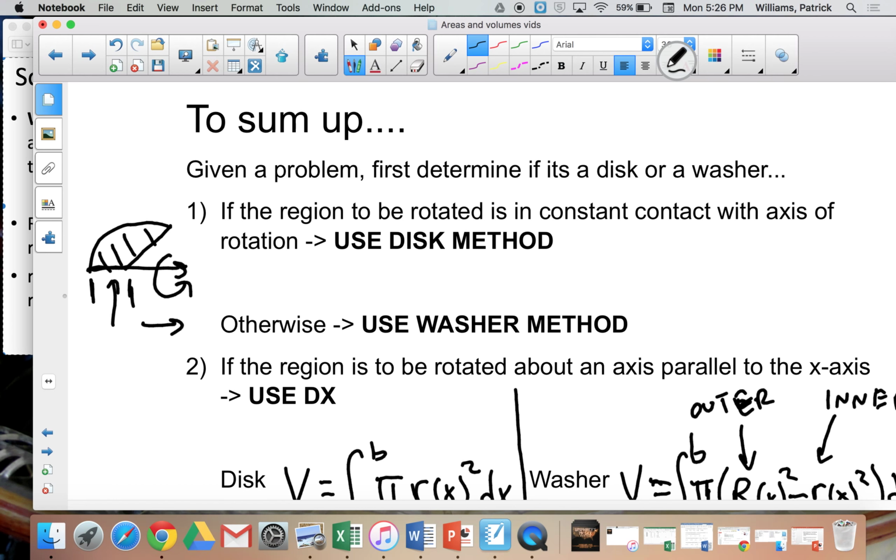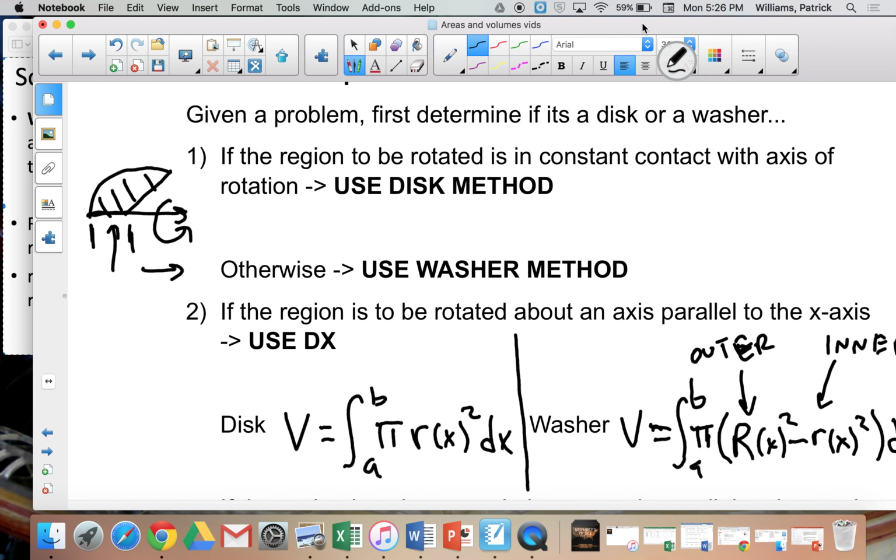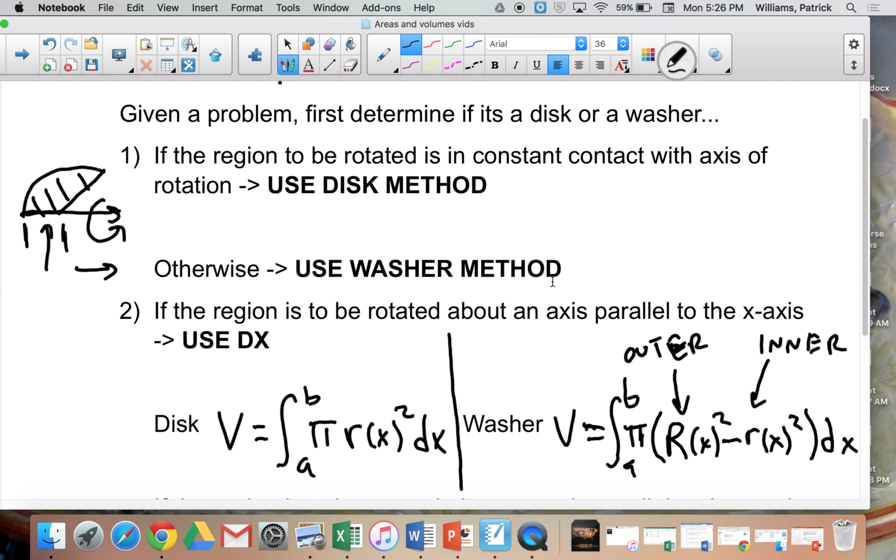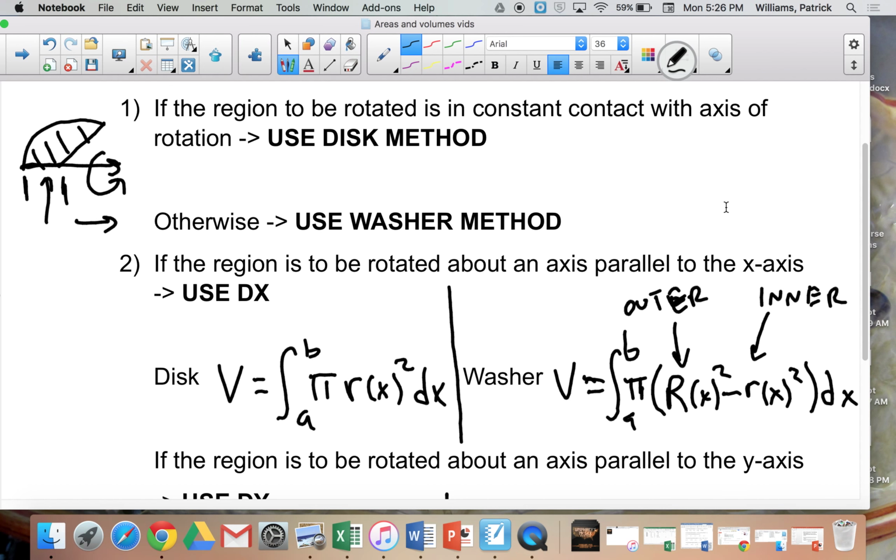Okay. Now, the next thing you want to decide, the question number 2, is going to be, what do I rotate this thing about? So, remember, if the region is rotated about an axis parallel to the x-axis, we use dx. So therefore, if we're using a disk method, this would be the integral we would want to solve.